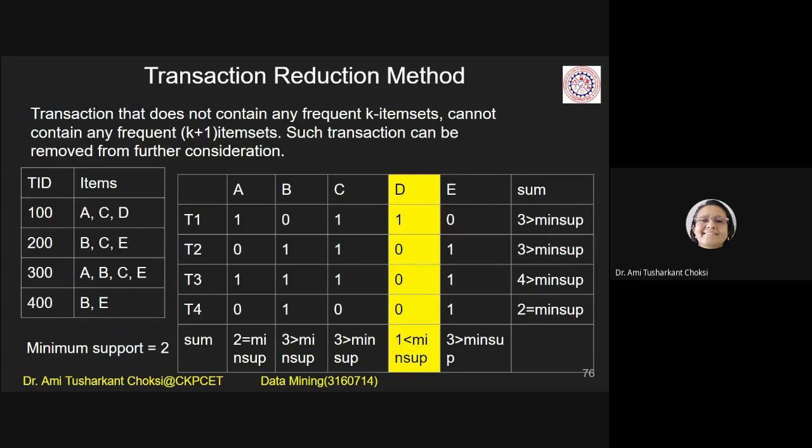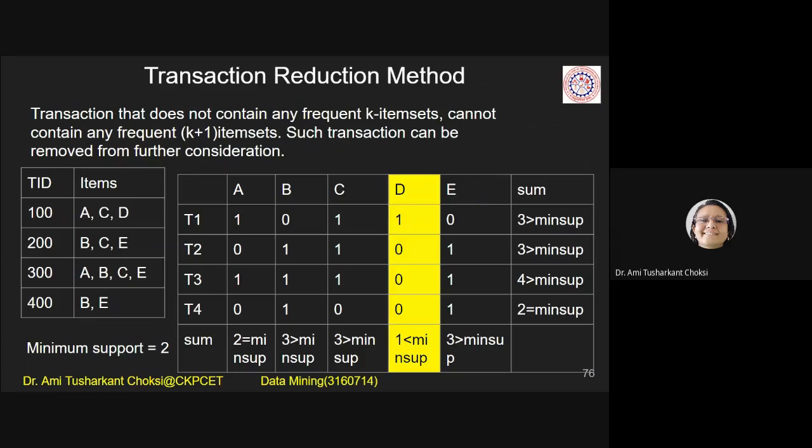Now, the next method which we want to know is the transaction reduction method. We want to reduce the transactions. Till now, what we were doing was trying to reduce the data by considering a few conditions, right? We were trying to have something by which we do not have to traverse the transactions again and again.